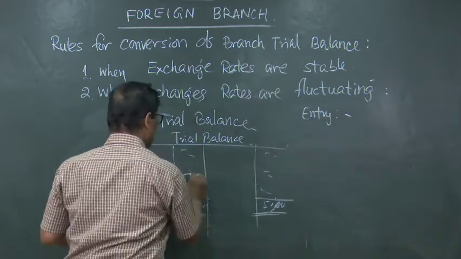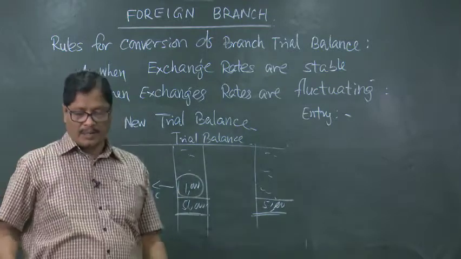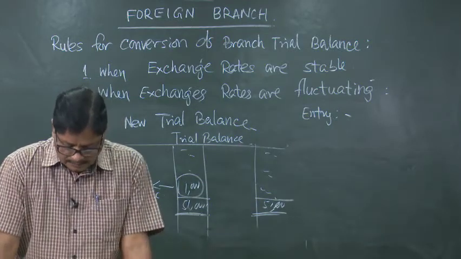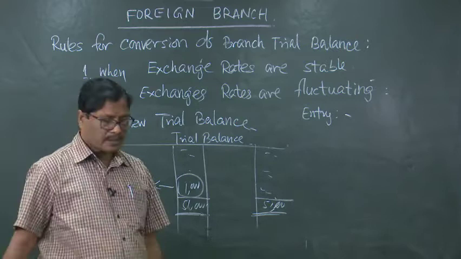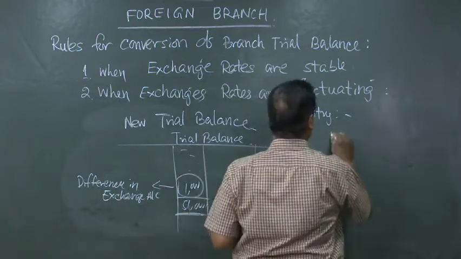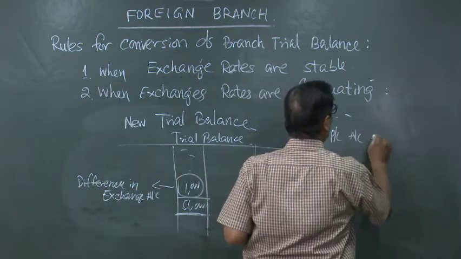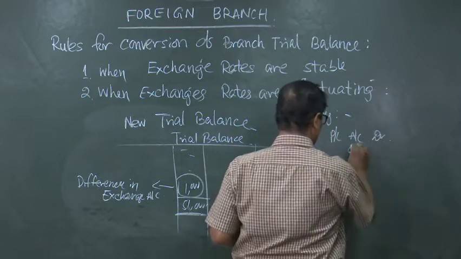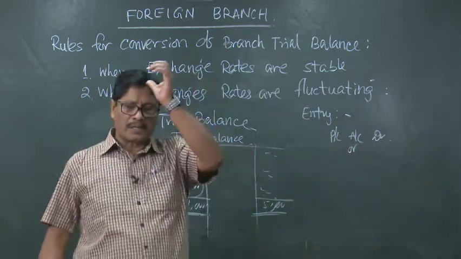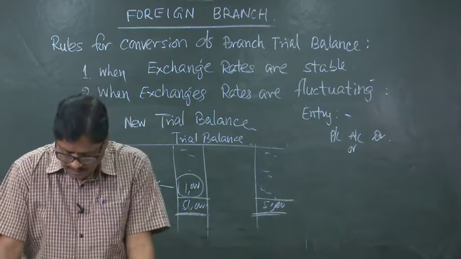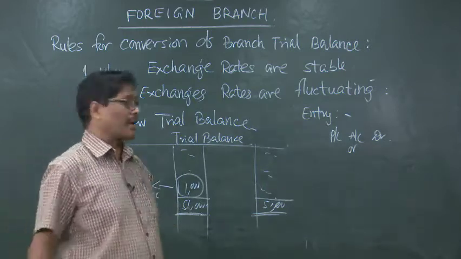If it is showing a debit balance, then the entry will be profit and loss account debited, or if you do not want to transfer it to the profit and loss account, you can transfer it to exchange reserve account debited.